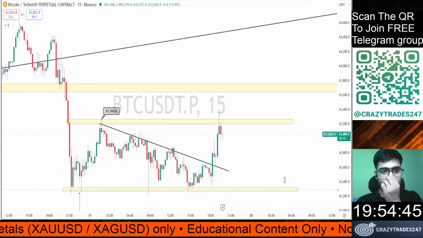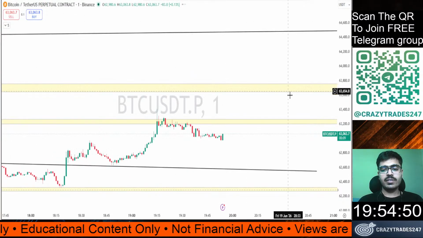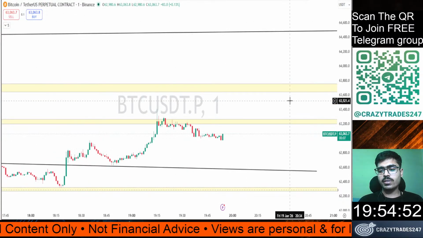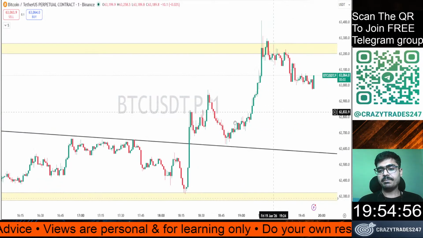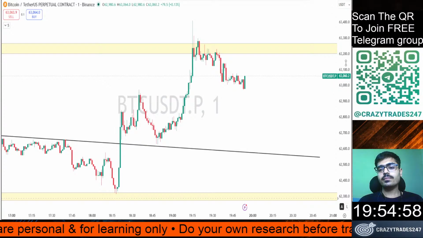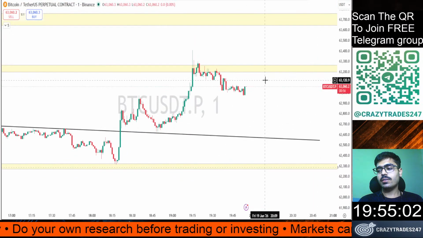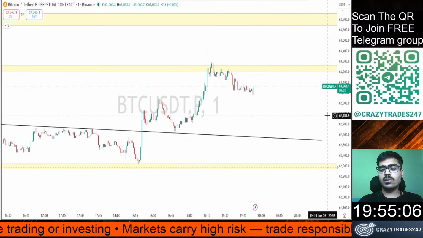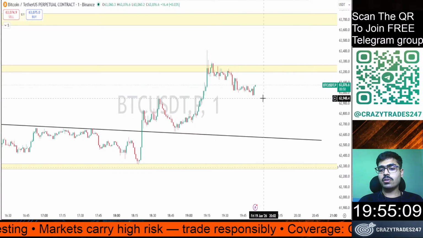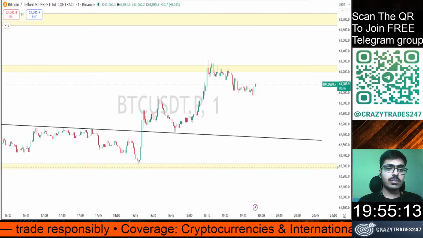Let's look at Bitcoin in the 5-minute time frame, 1-minute time frame. Bitcoin is also showing some strength. It's just getting started to consolidate here. After the consolidation, we will think of taking a short position if price gives a breakout below the consolidating range.